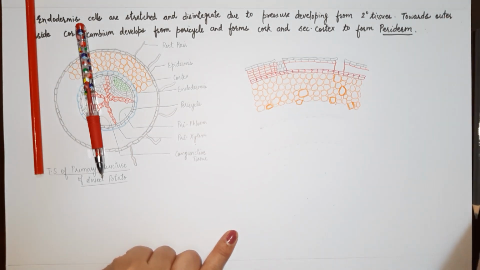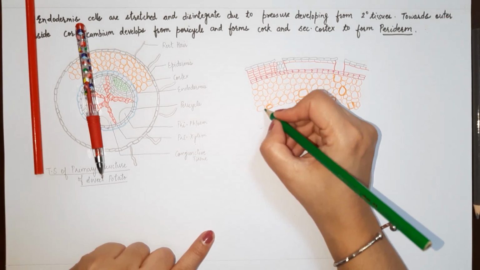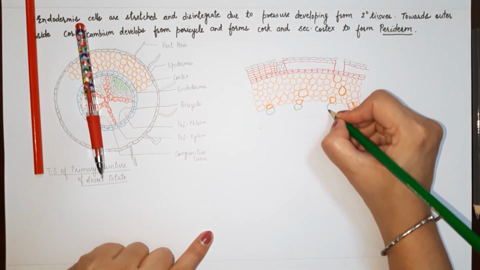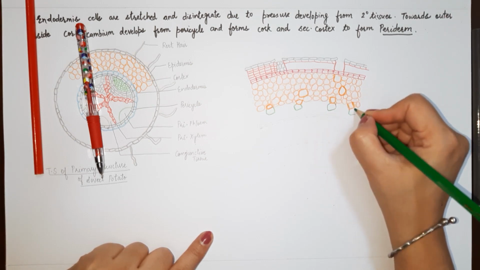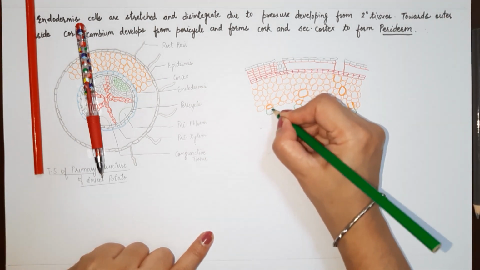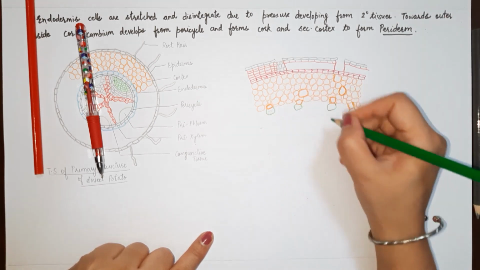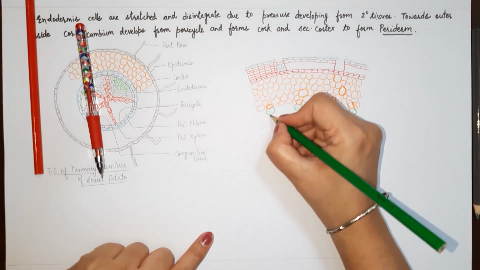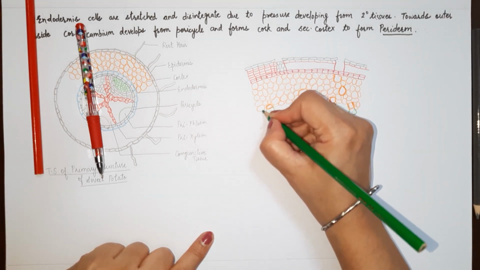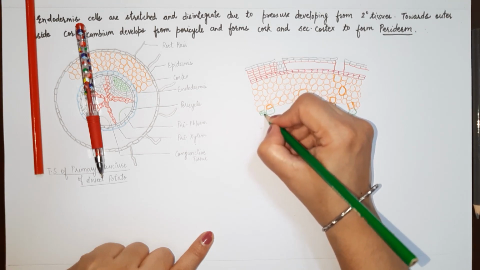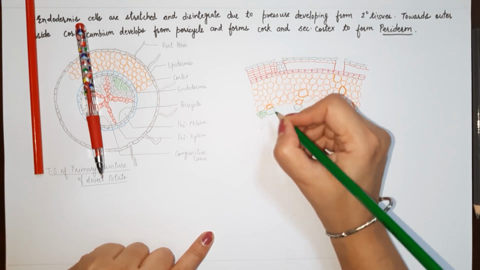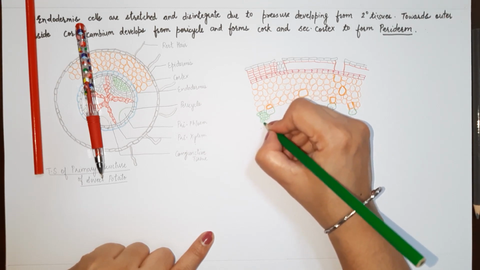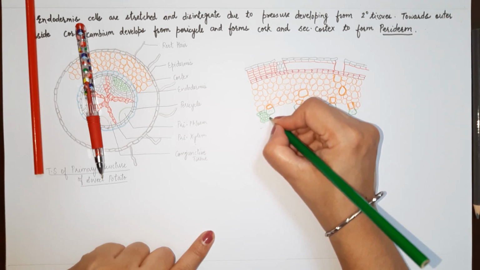Now next to it is secondary phloem with these latex canals. Draw large sieve tubes. They may have straight or oblique sieve plates. Now rest of the phloem elements should be very small. You can draw medullary rays also.